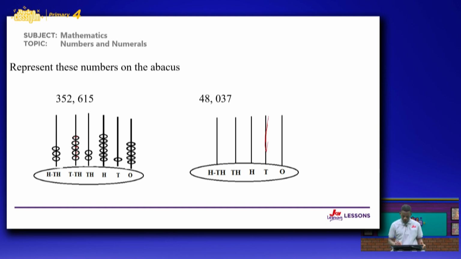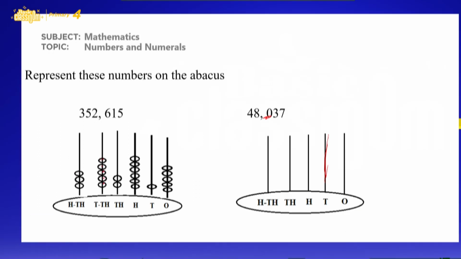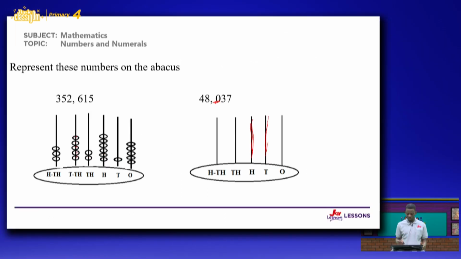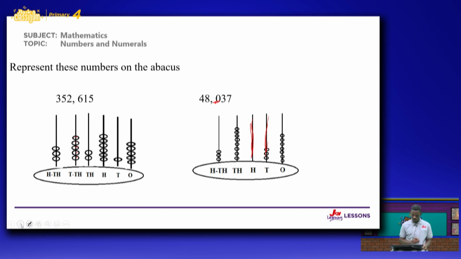For the hundreds, it is 0, so we are not going to put any counters on that spike. Then we are going to have 8 counters on the thousands, and then 4 on the tens of thousands. That is going to be our representation of this number.